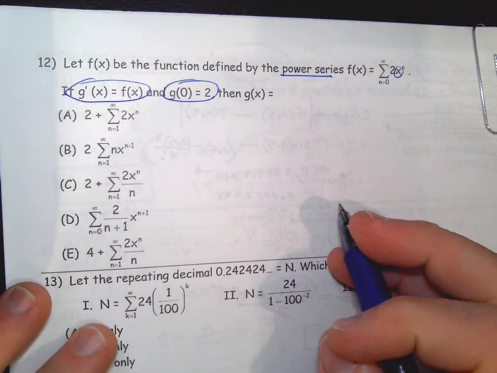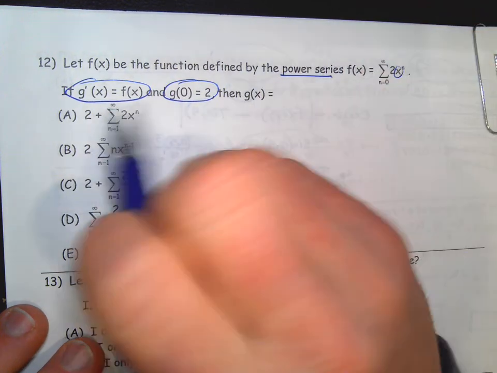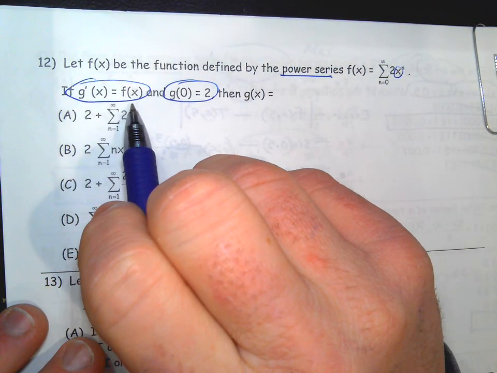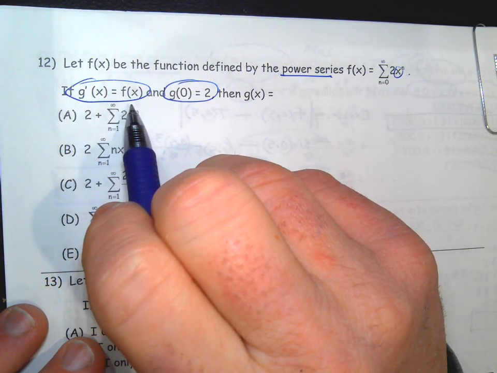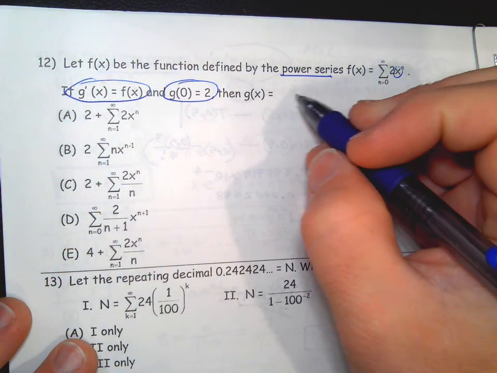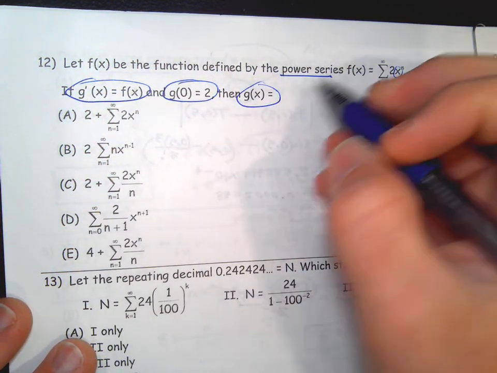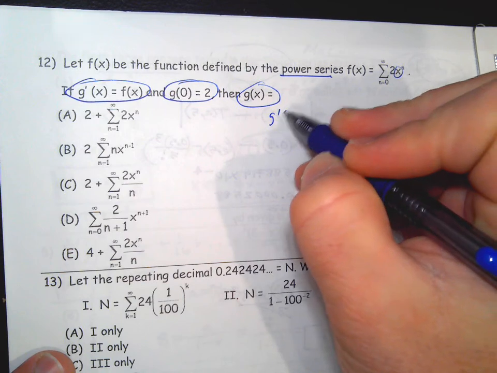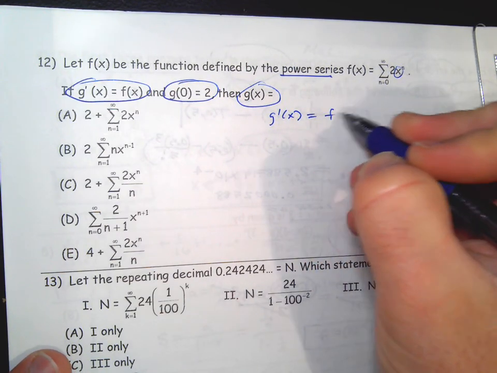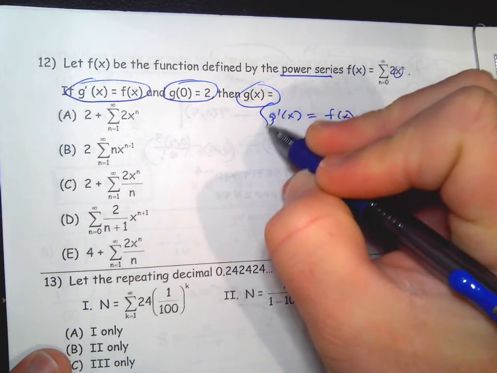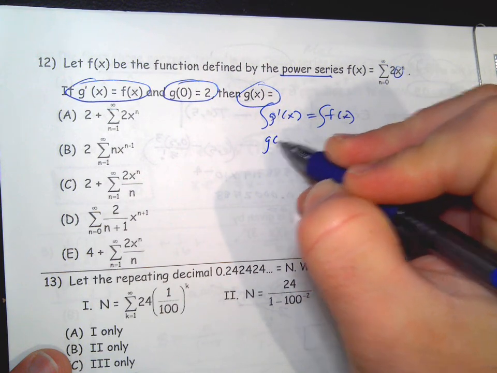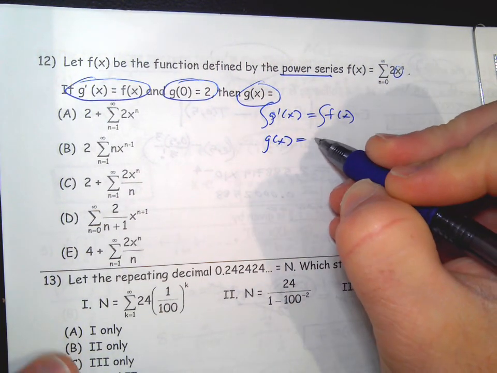Okay, so g prime equals f of x, and we're trying to find g. If you have g prime equals f of x and you want to find g, you would integrate both sides and you would get g, right? So we have to integrate f of x.